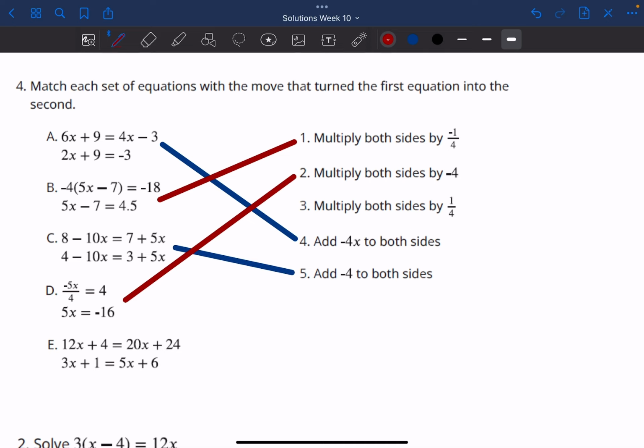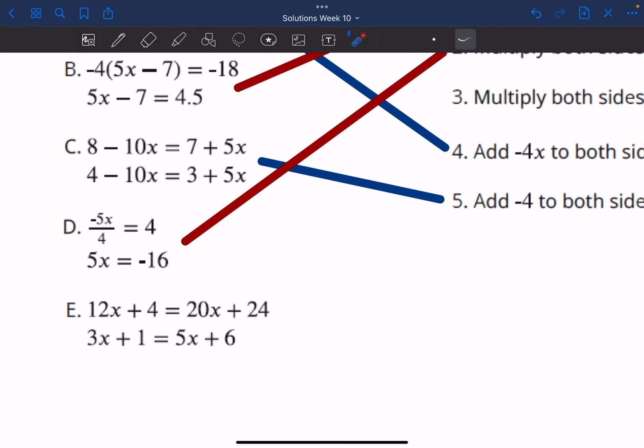So we have one choice left, which is E. We're going to double check because I never like to make assumptions that my last option works. I'm going to check that it does. So they're saying we should be multiplying both sides by 1/4. That's the same as dividing both sides by 4. And if we check here, it does look like, yeah, both of those pieces get divided by 4 to create the next ones below.